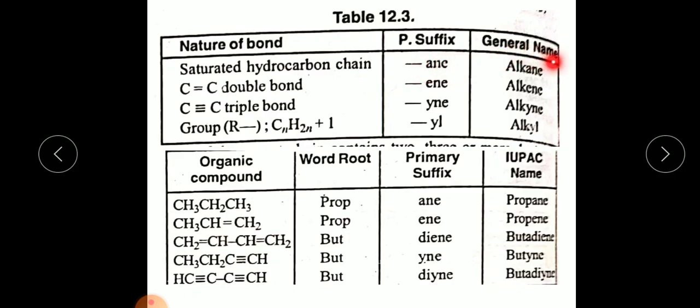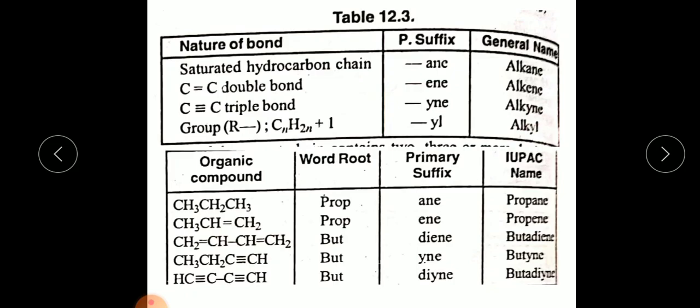The general name for such compounds, as we have seen in classification, is alkane. In unsaturated hydrocarbons we have a carbon-carbon double bond. If you have a carbon-carbon double bond, we write the primary suffix as ene, and such compounds we call alkene. If you have a triple bond, we write yne, and the general name is alkyne.